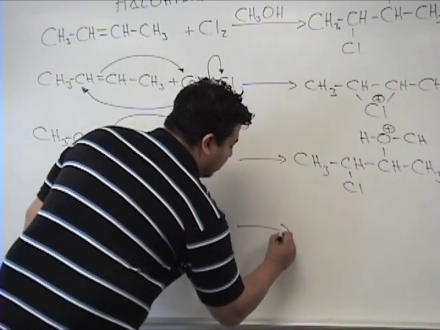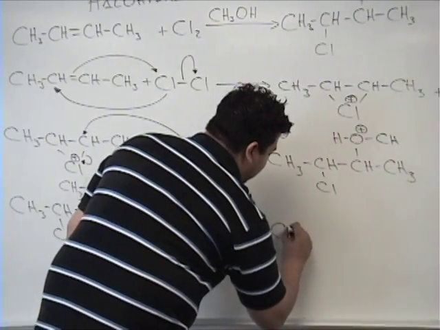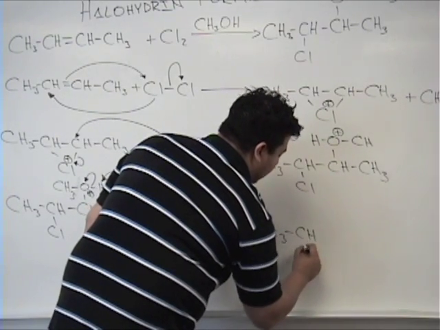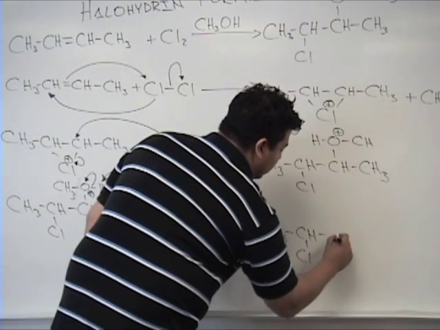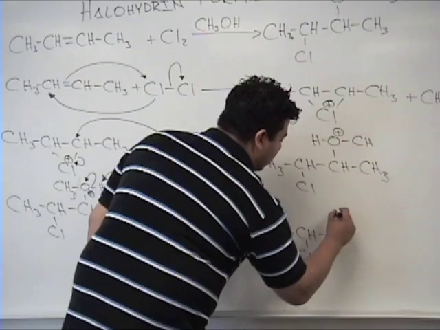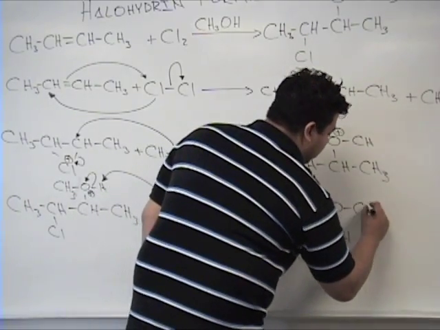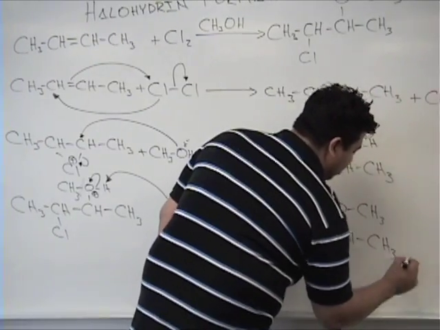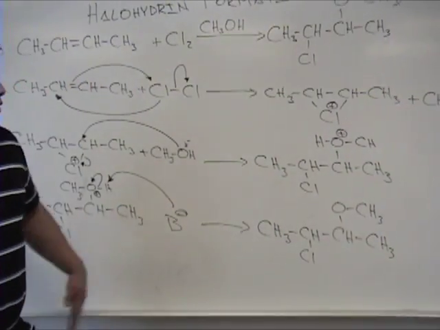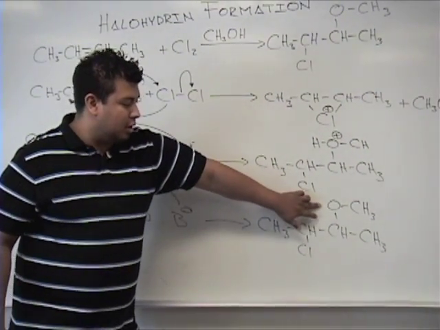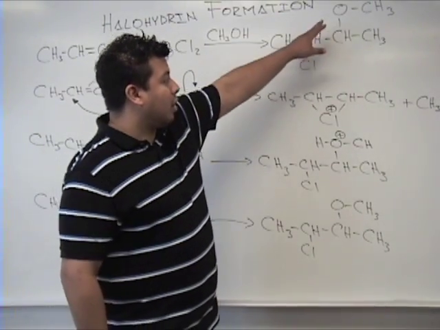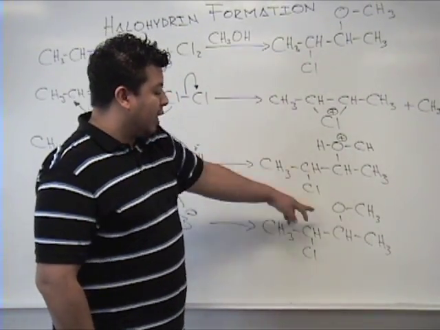And then what we're going to get is CH3, CH, Cl, CH, O, CH3, and CH3. So we just added from an alcohol, we made an ether.